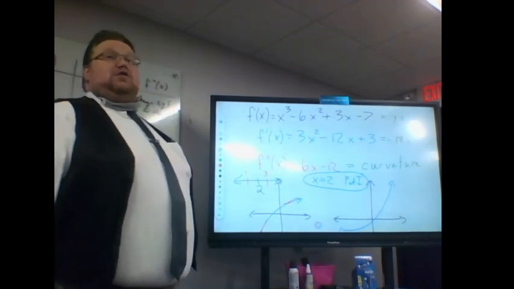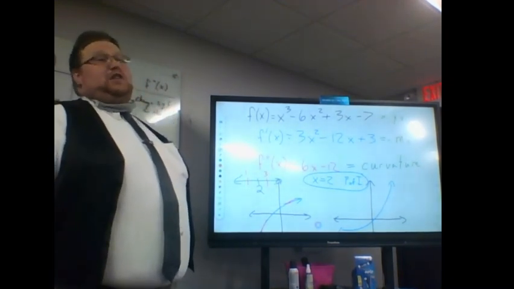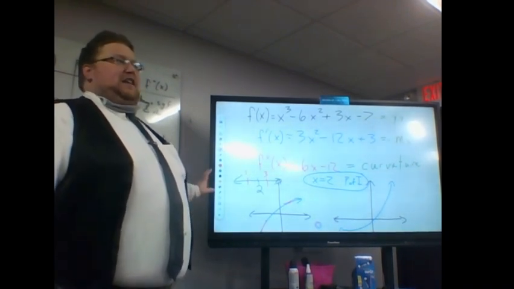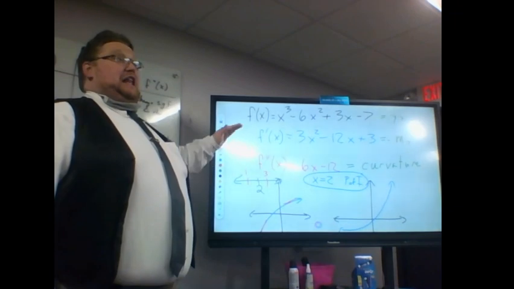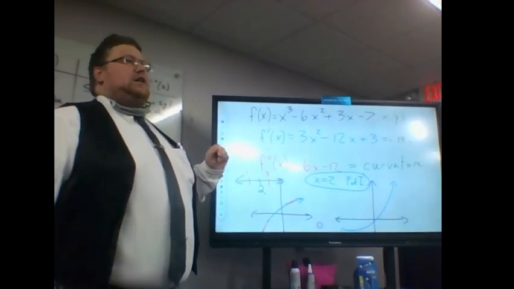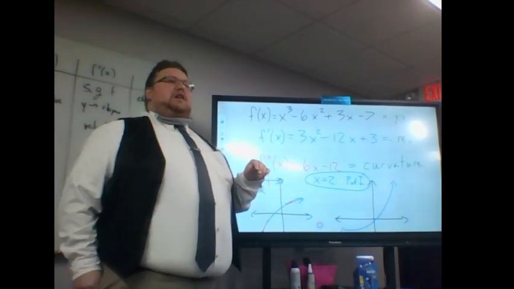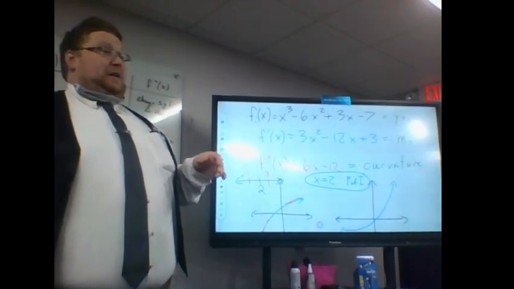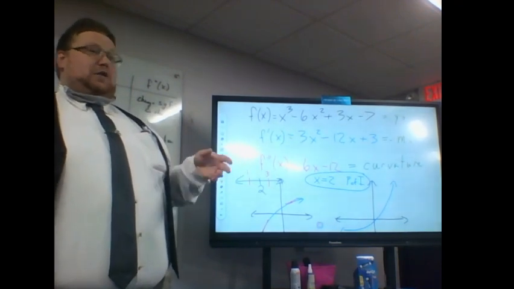This is again really helpful if I don't have the picture of it already, because now I can get an idea of not just is it increasing, but is it increasing more or is it increasing less? Oh, it's decreasing. Well, is it decreasing more or is it decreasing less? Is there a place where it's the most negative in terms of the slope? A place where it's the most positive in terms of the slope?